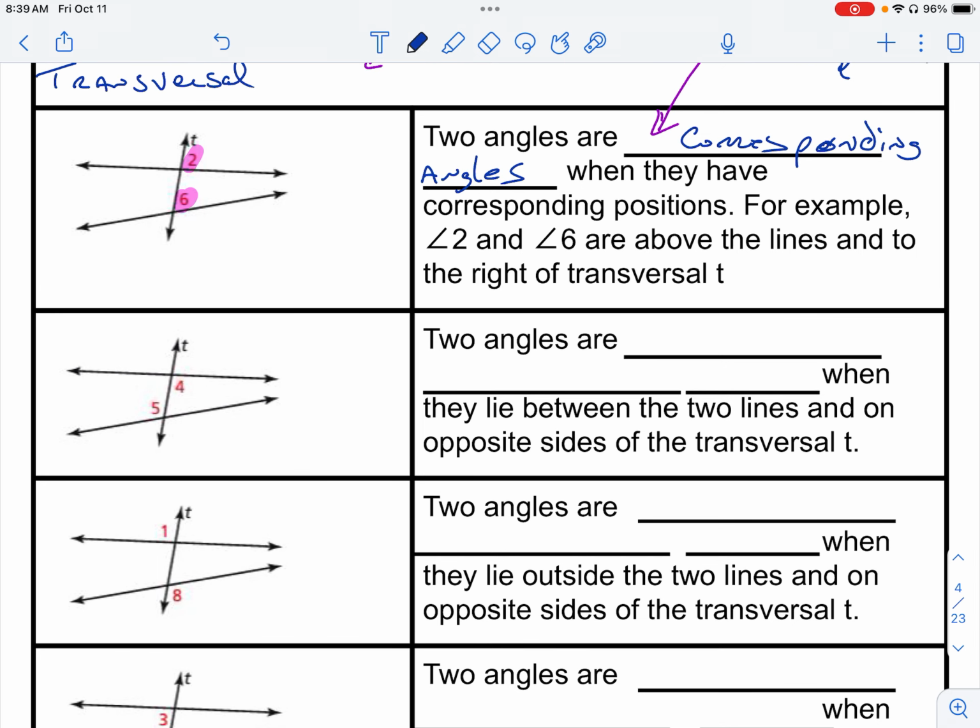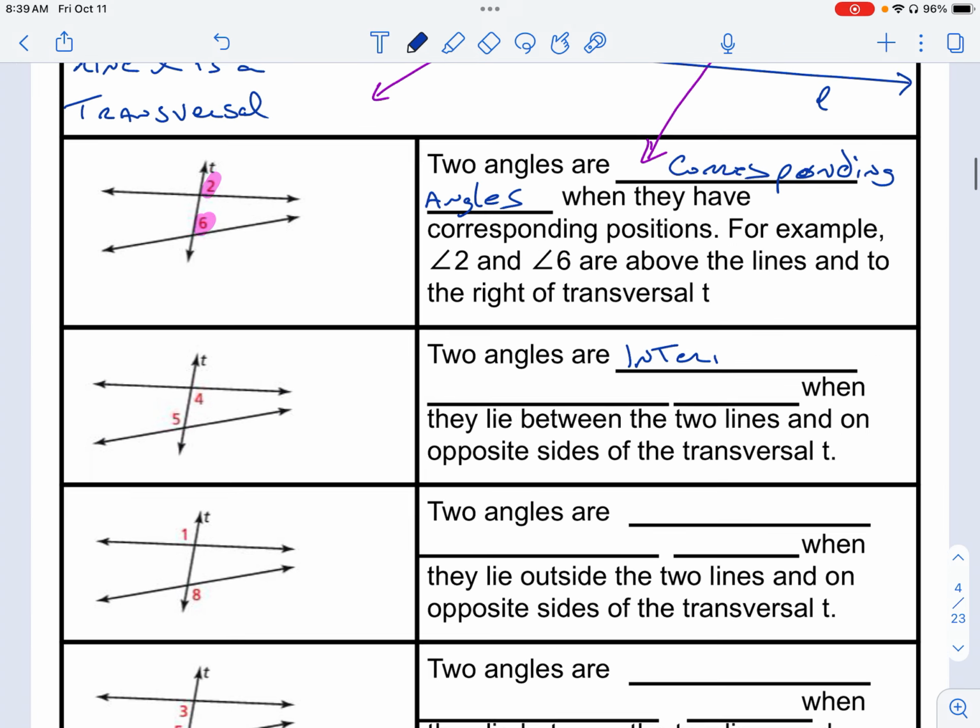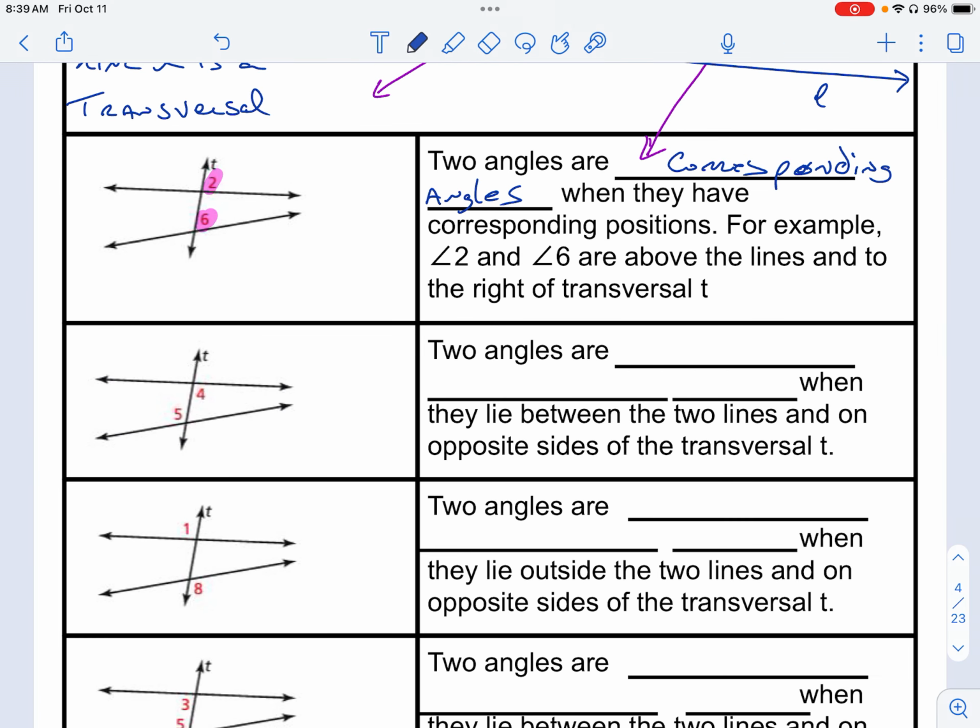The next kind are alternate interior angles. So they alternate, which means they change sides of the transversal.